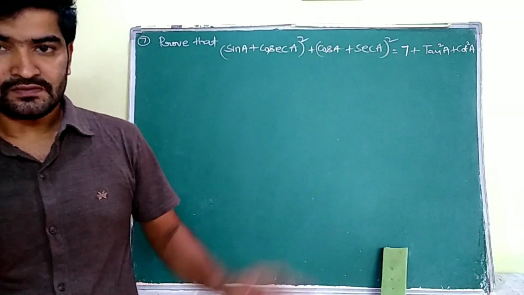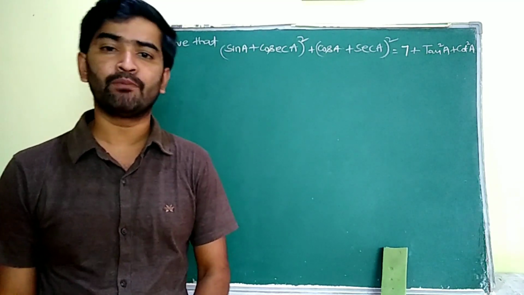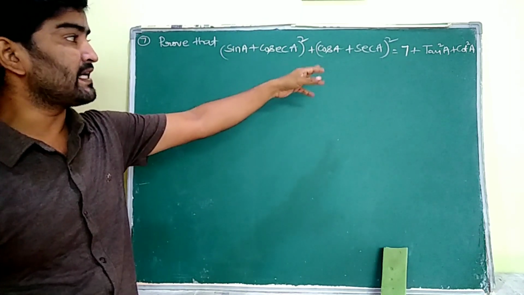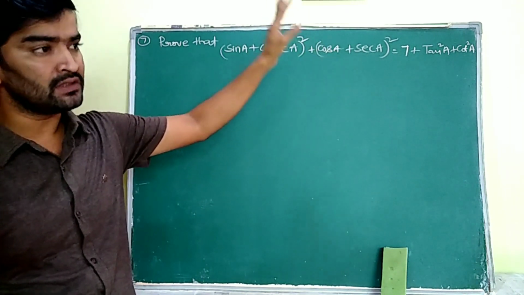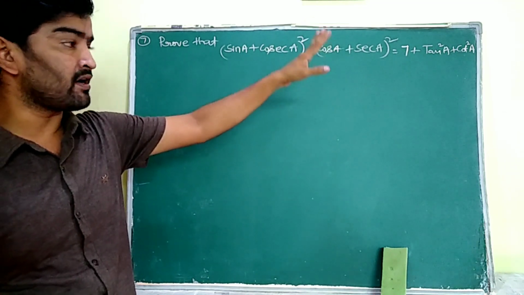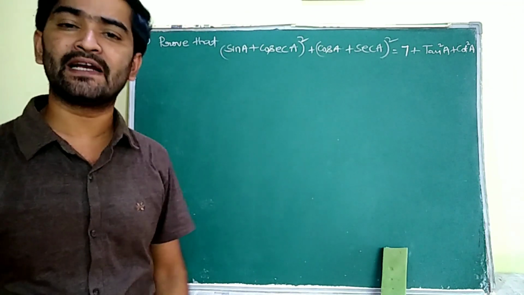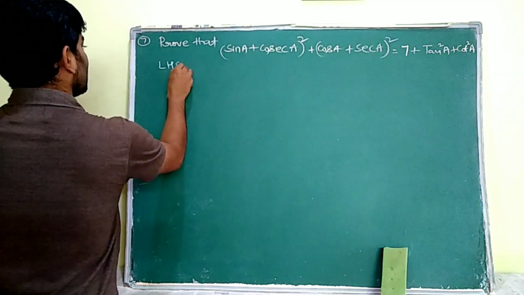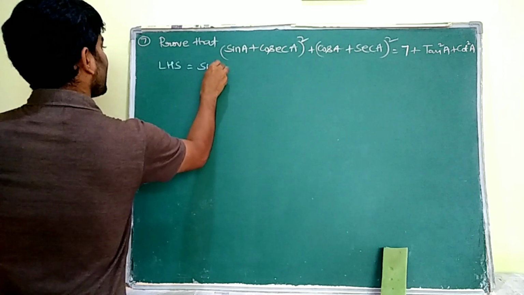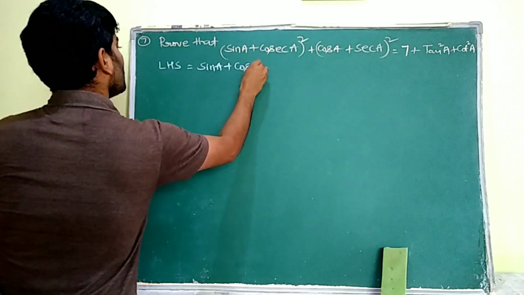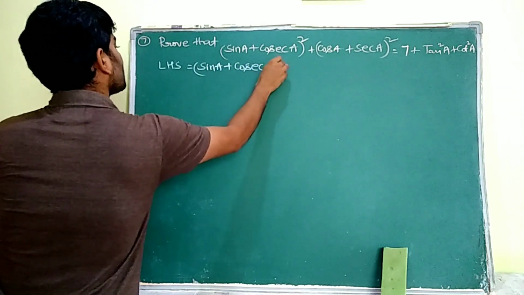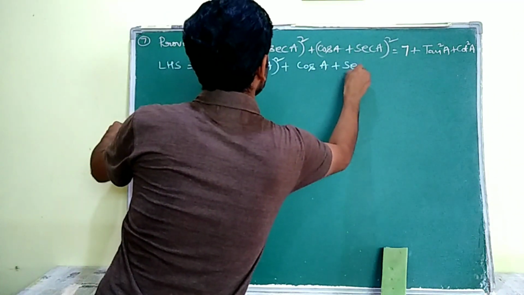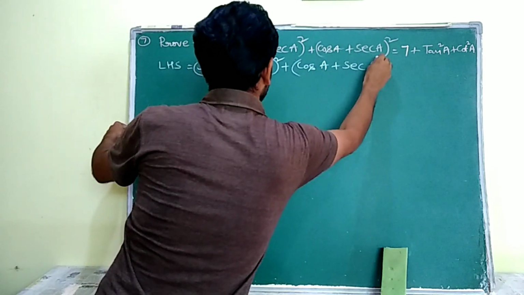That's it, ma. 7th question. It's a very important question, ma. Sin A plus cosecant A whole square plus cos A plus secant A whole square is equal to 7 plus tan square A plus cot square A. It's a very important and very easy question. See ma, for that I am going to consider LHS first. LHS is equal to sin A plus cosecant A whole square plus cos A plus secant A whole square.